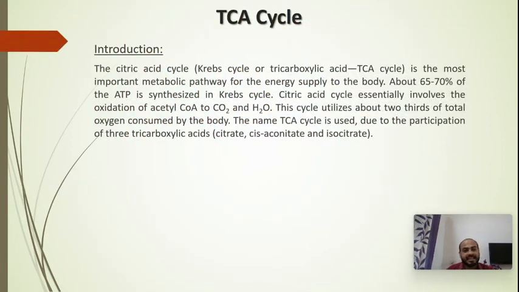So what is the TCA cycle? The TCA cycle is known as the tricarboxylic acid cycle, and it was observed that nearly 70 percent of ATP, that is adenosine triphosphate, which is the source of energy in our body's different cells, is synthesized in the Krebs cycle itself.